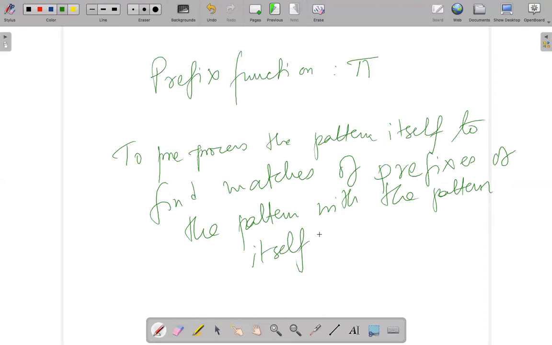So you construct a prefix of the pattern and you match the prefix with the pattern itself. And you keep on doing this, and in this way you construct something called the prefix function.